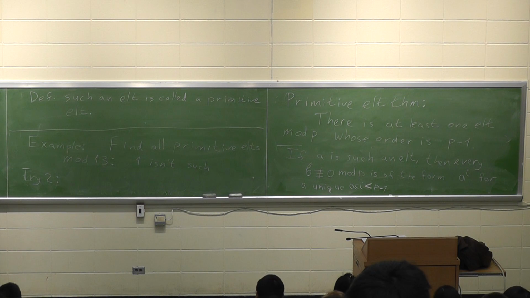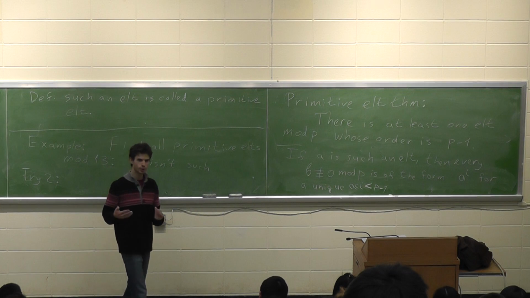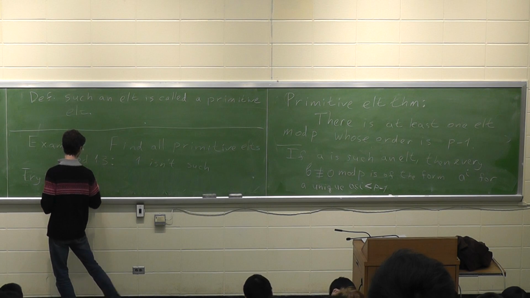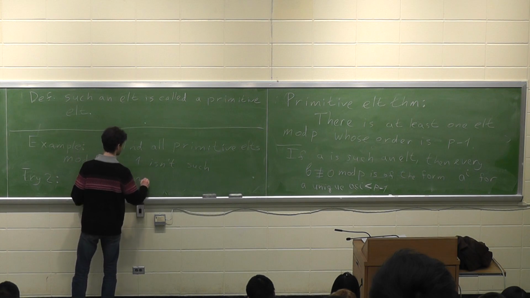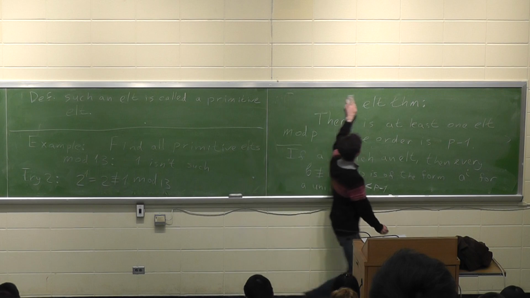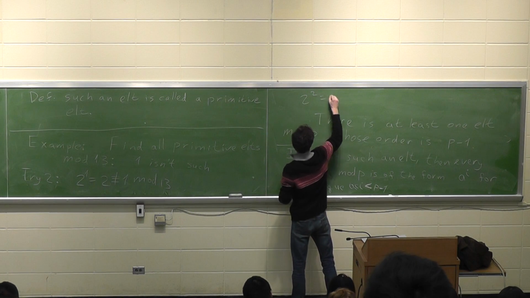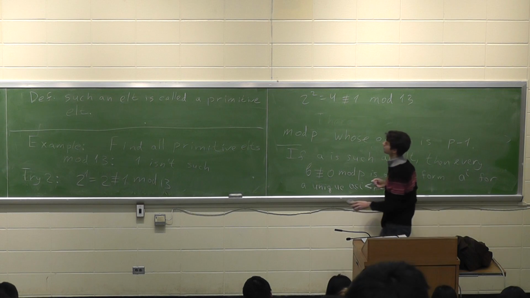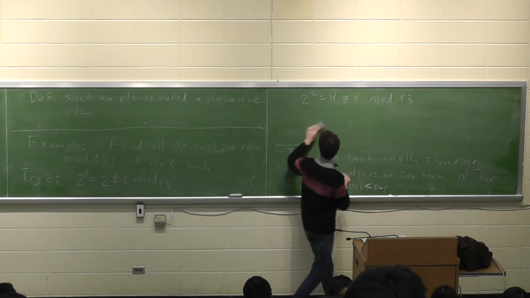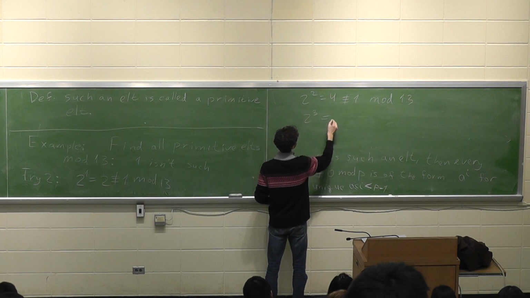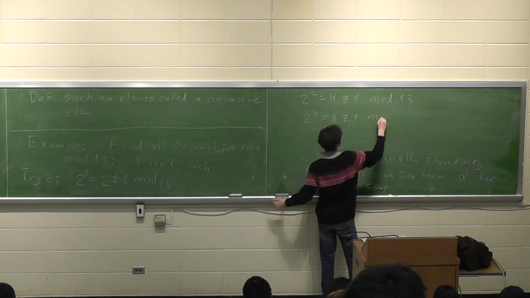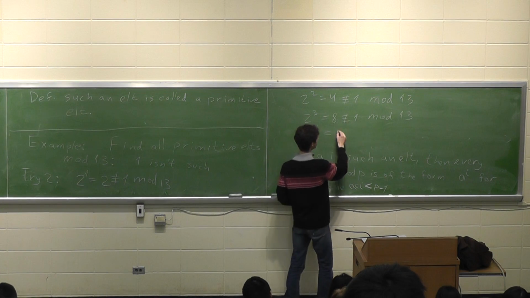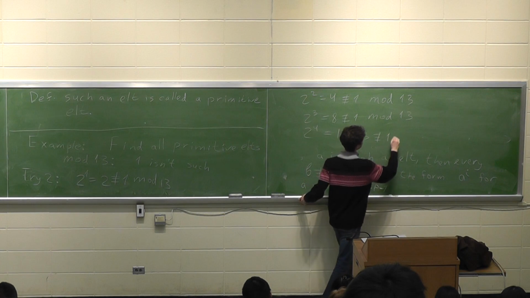We should compute the powers of 2 and see whether there is some small power such that raised to this power we get 1. 2 to the power 1 is 2, not equal to 1, even modulo 13. 2 squared is 4, not equal to 1 modulo 13. 2 cubed is 8, still not equal to 1 modulo 13. 2 to the fourth is 16, which is 3, not equal to 1 modulo 13.